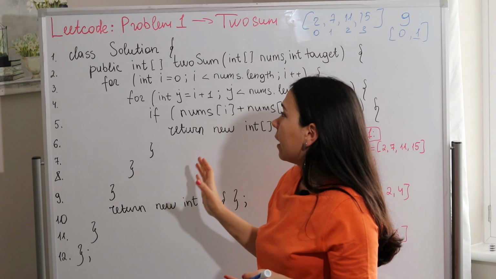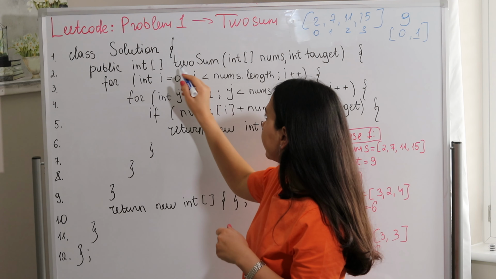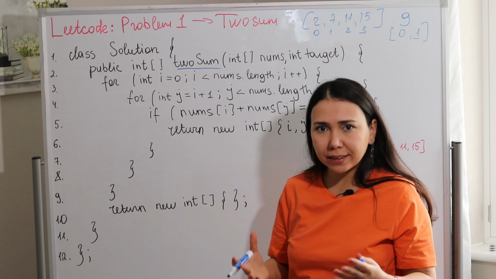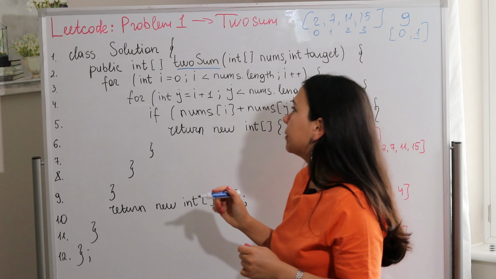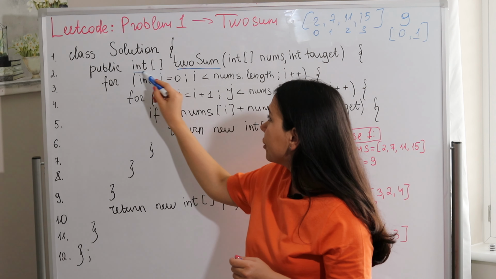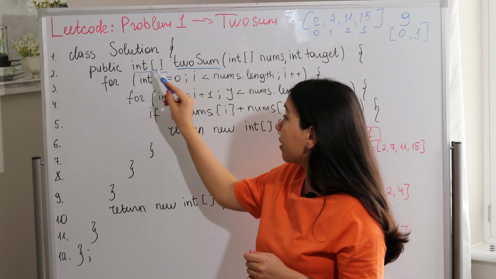Within this class, we define a public method called twoSum, right? This can be called anything, but it's best practice to call it something meaningful for the specific class. We define that the function will return an integer array. So it's a public function that returns an array of integers.